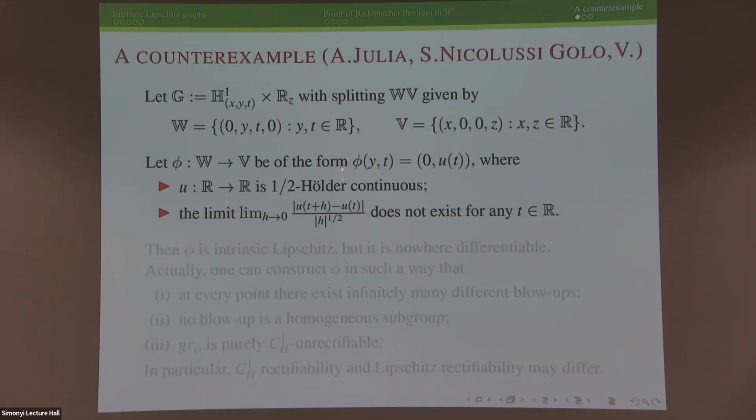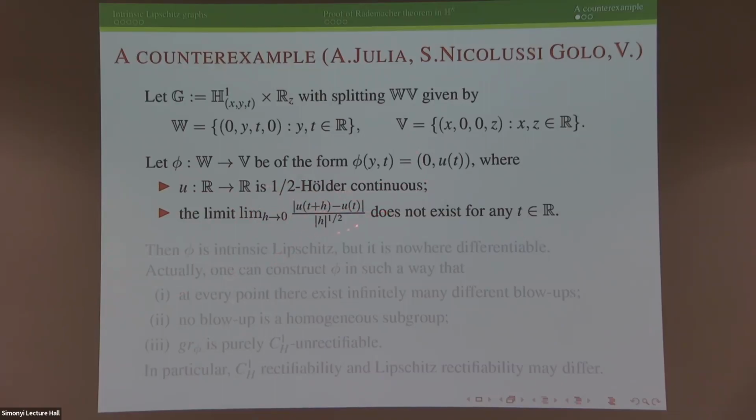And phi is pretty easy. It has 2 components. The first one is 0. The second one is a function u of t, where t is the vertical variable in this H1 factor. And u is chosen to be 1/2 Hölder continuous, such that this limit does not exist for any point t.